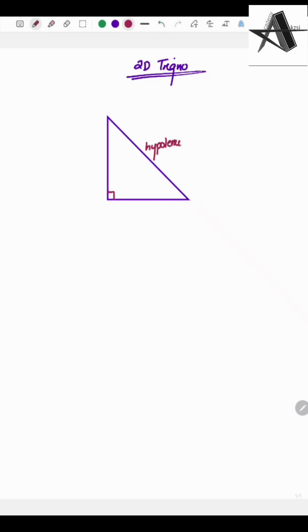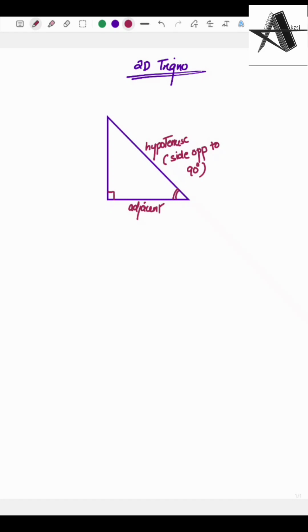So let me write down how you can know the hypotenuse. This is the side opposite to 90 degrees. Now the adjacent and the opposite will be decided on the angle they are asking. Suppose they are asking for this angle, then the side that is attached to this angle will be your adjacent.